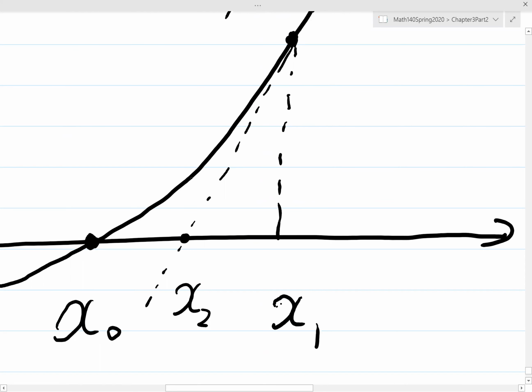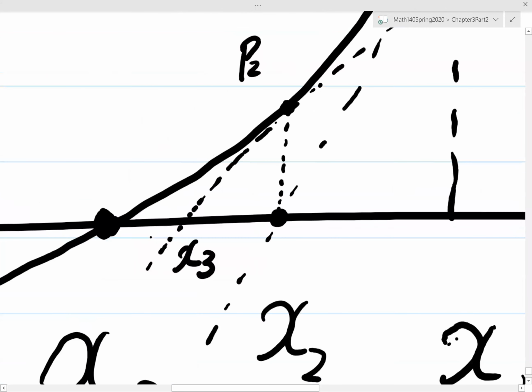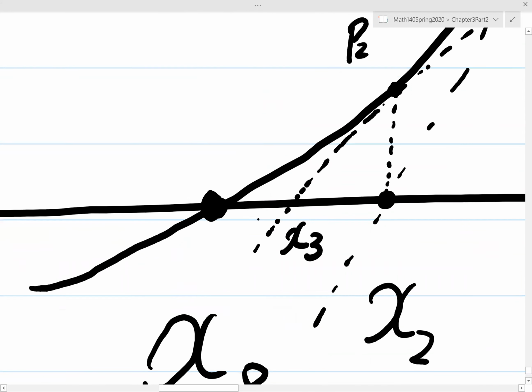At x2 we repeat: lift up to the curve to find the intersection P2, and plot the tangent line again. Then you get x3, which is even closer to x0.